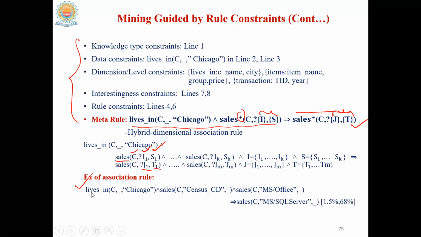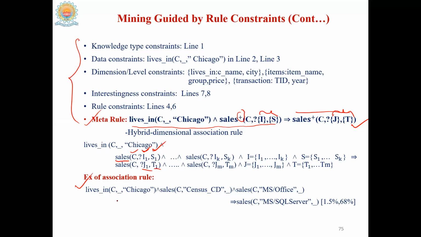In this example, this is the actual mined rule drawn based on the above meta rule as a template. So based on this template and the given conditions, we have mined some association rule. Let us go through this.